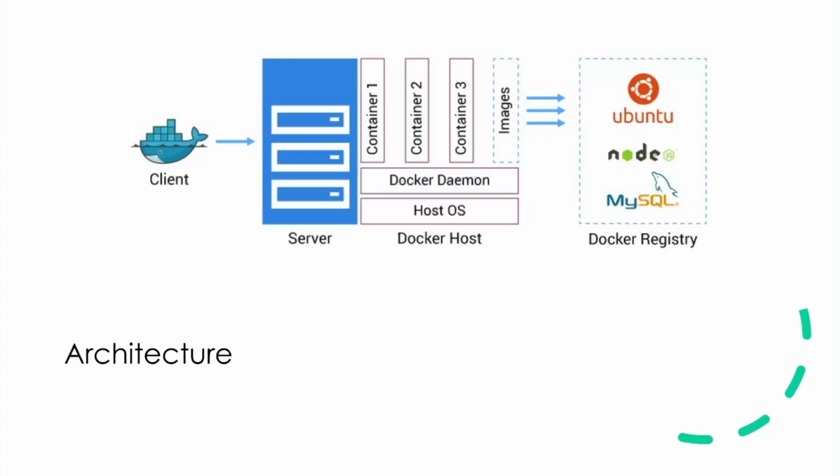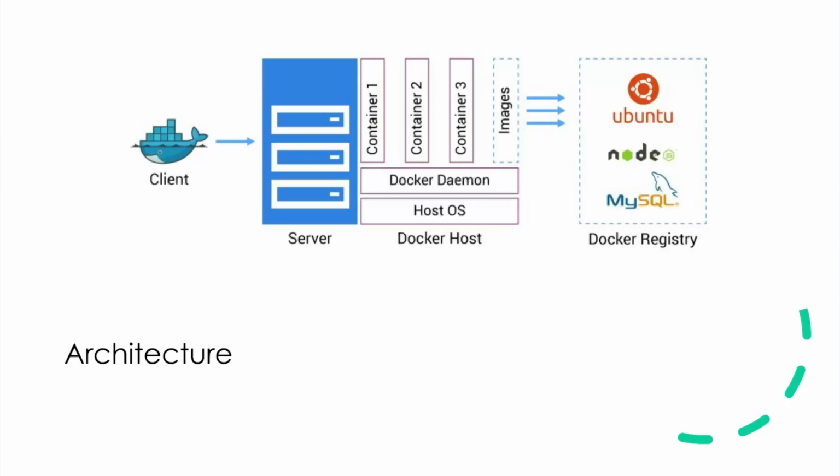You can set up private registries as well, like your own container registry, if you are working in other container management. In the diagram, you see examples of images available in the registry: Ubuntu, a Linux operating system image, Node.js for building server-side applications, and MySQL, a database image. The Docker daemon interacts with the registry to pull these images when you need them.